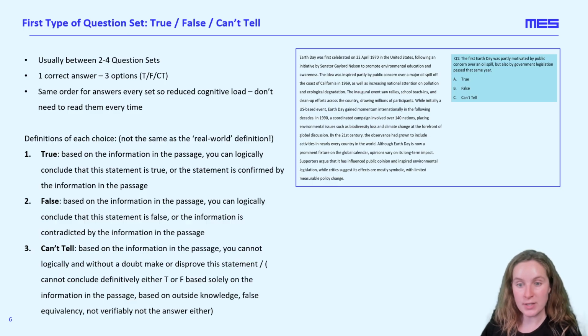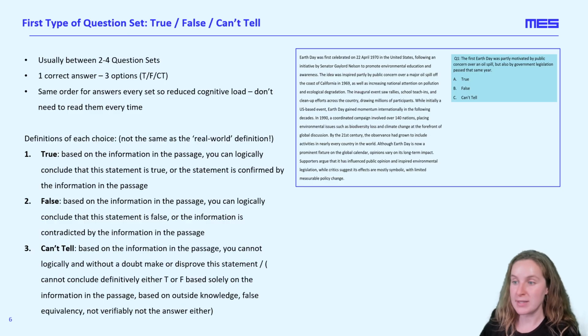It's also important that you think about what the definitions of each choice mean in the context of the UCAT verbal reasoning exam, because they're not the same definitions as you and I might know from the real world. So what's true, what's false, and what you can't tell is very much defined by the examiners, and you need to know what each one means in order to make the right decision for each question.